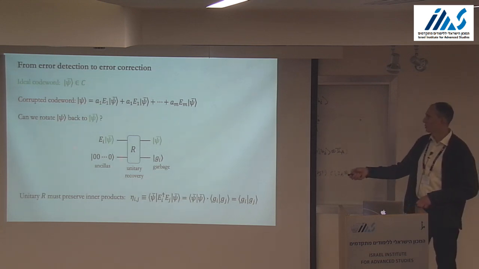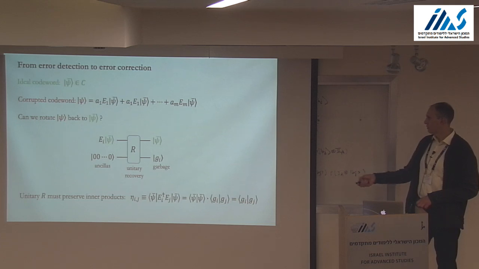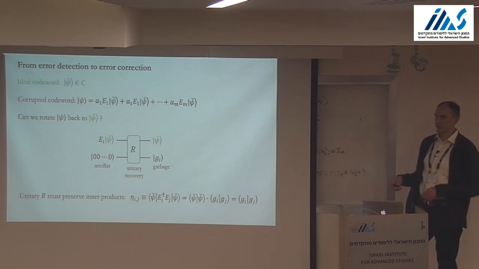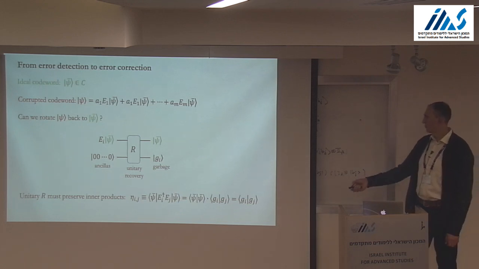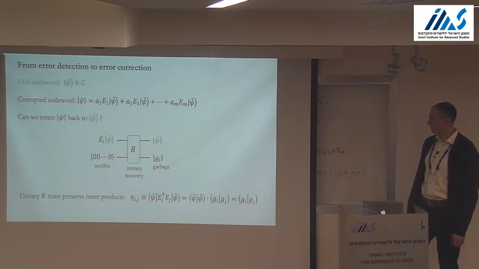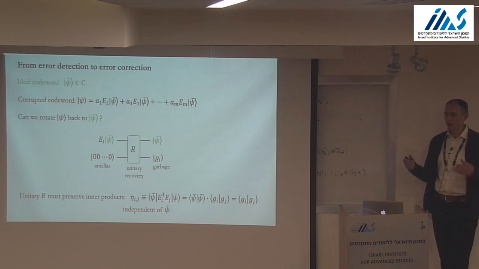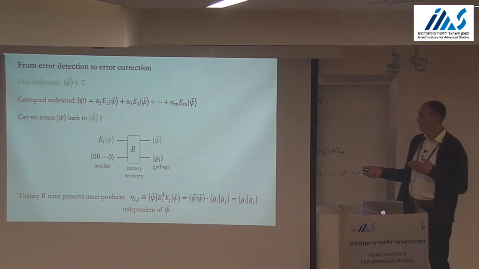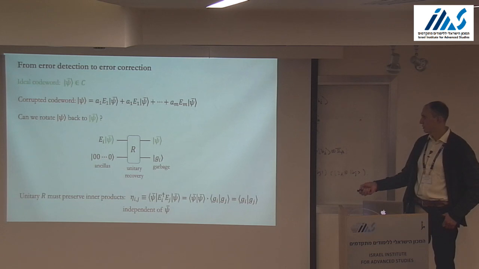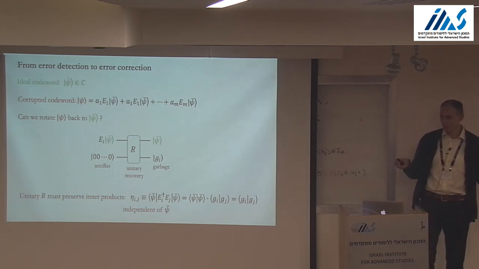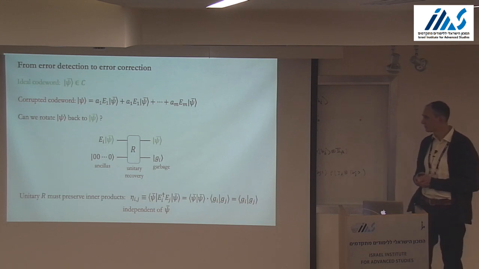So if we consider two input states with some errors i and j, and compute the inner product, it must be the same as the inner product of the respective output states. And the inner product of output states does not depend on the encoded code word psi bar. So it tells us that we can correct the error only if the matrix of inner products between corrupted code words does not depend on the code word.